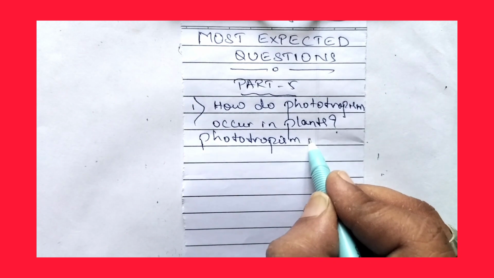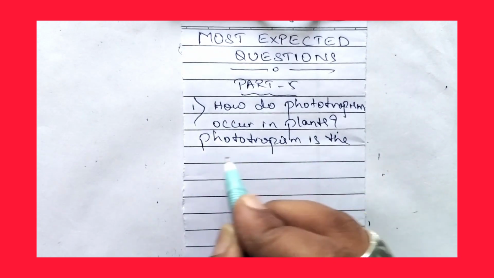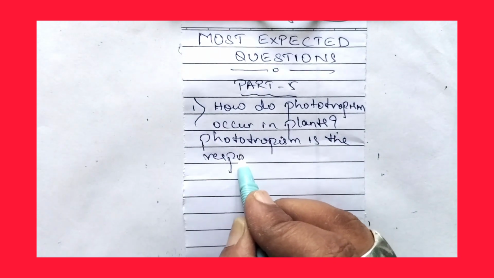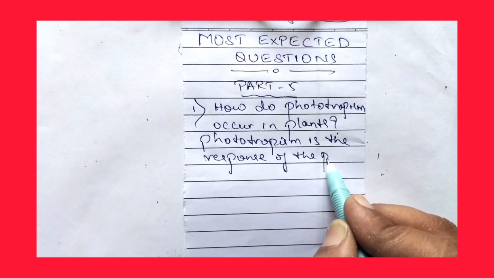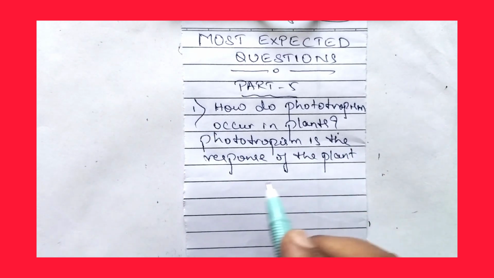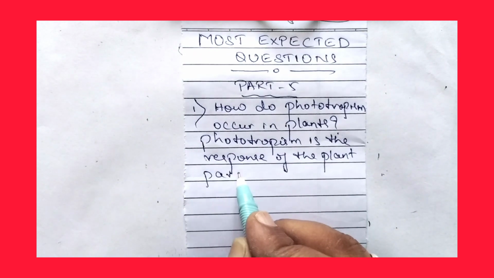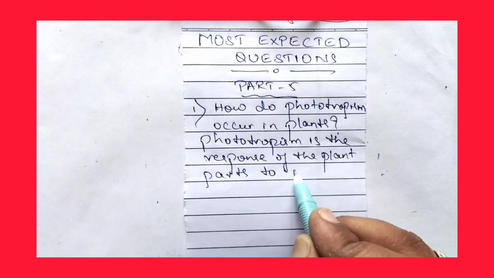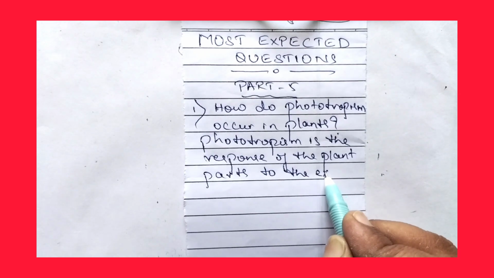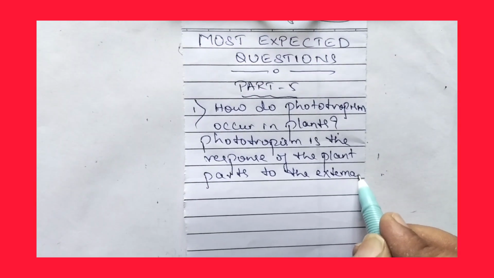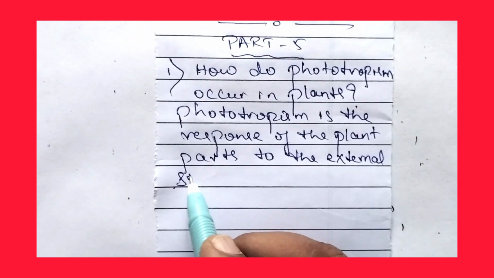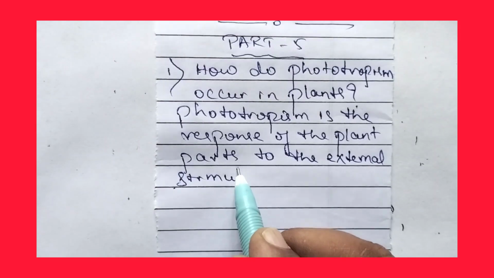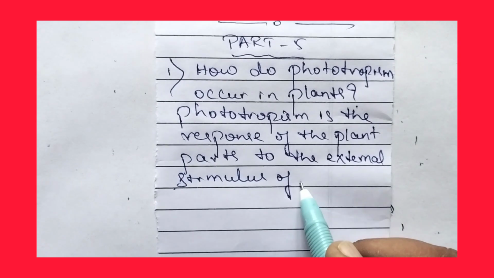Phototropism is the response of the plant parts to the external stimulus of light.